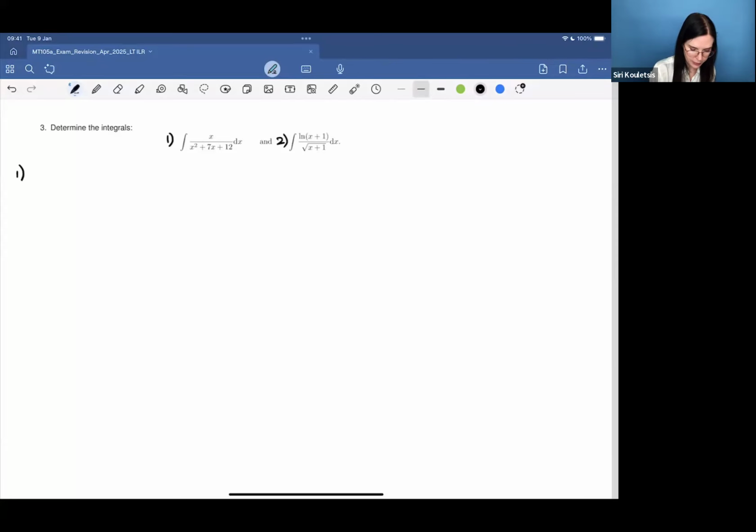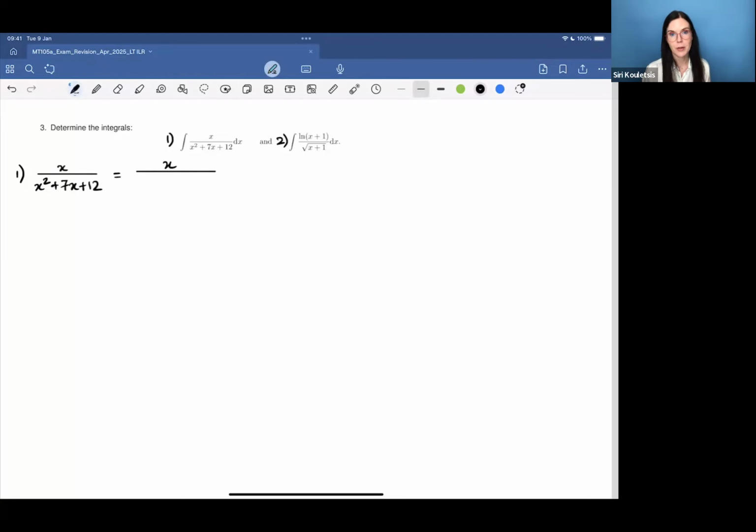Before we start integrating, we are going to express the integrand here in a different manner by using the technique of partial fractions. First thing we need to do is factorize the denominator. If you can spot how it factorizes, then that's fine.